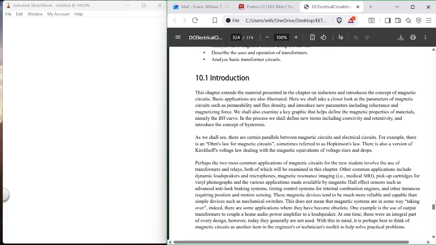Somebody's got some missing pages. Okay, so you're all set. I don't staple them. I don't know if I should or not, but I don't.